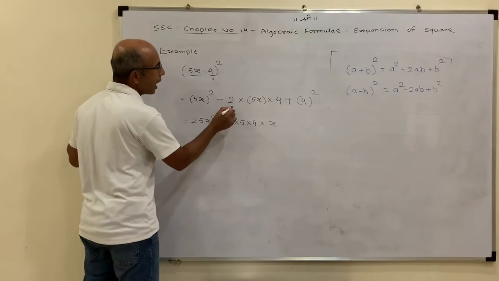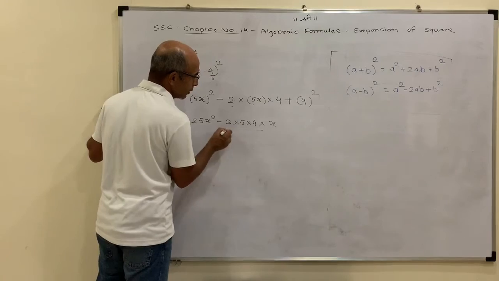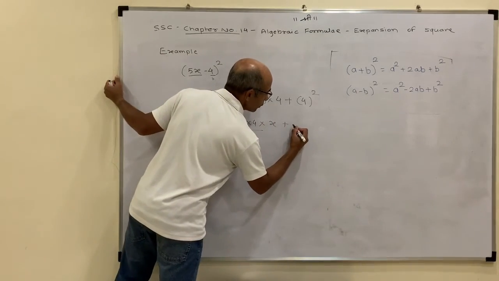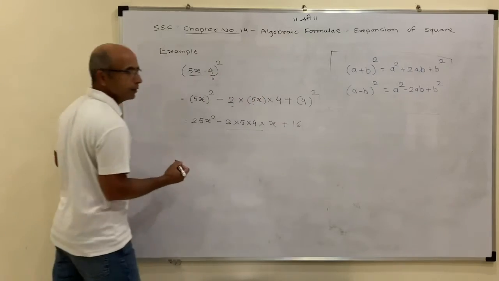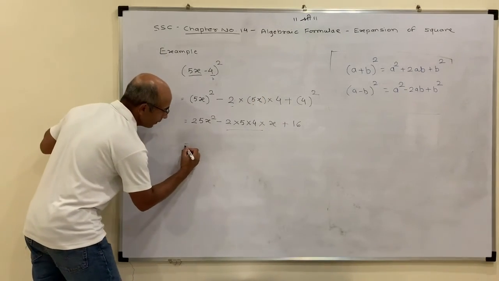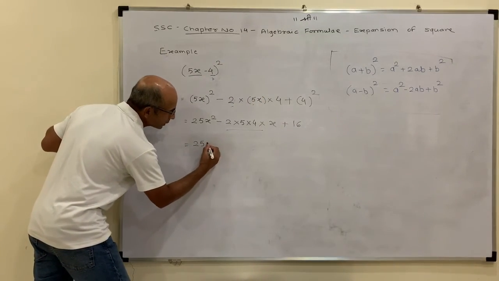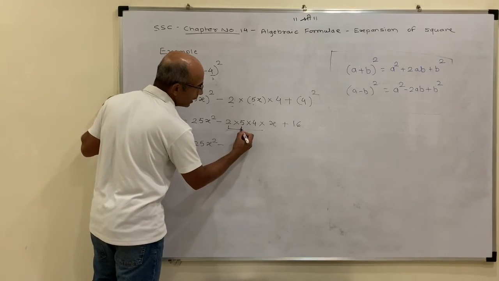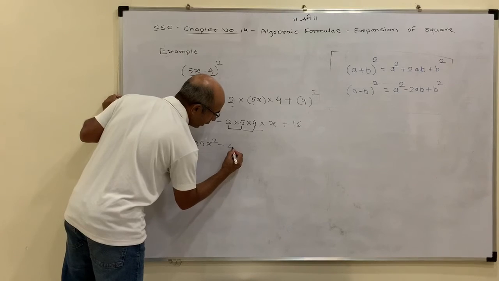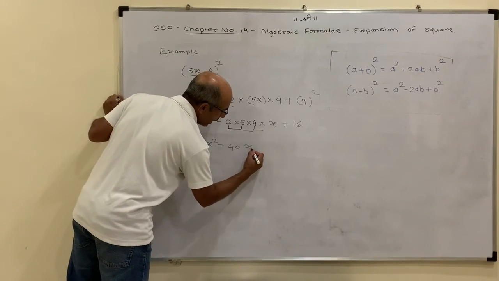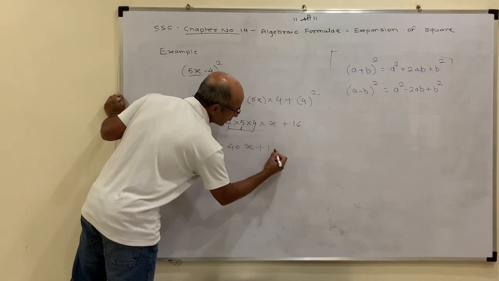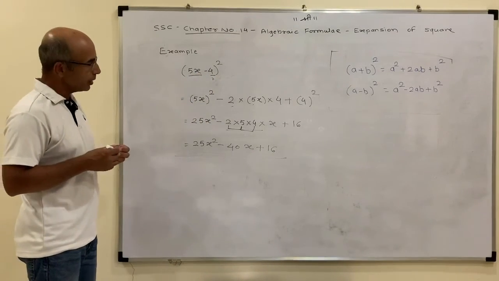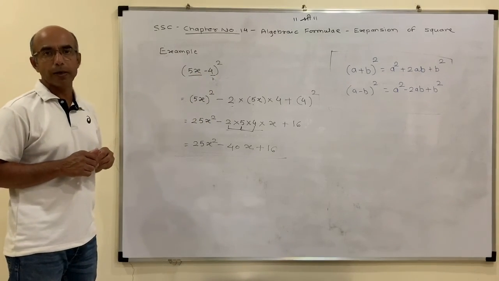What I have done is written these constants next to each other. Plus the square of 4 is 16. So next it will be 25x² minus 2 fives are 10, 10 fours are 40, so 40x plus 16 is the simplification of (5x − 4)².